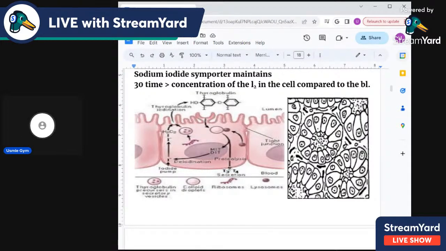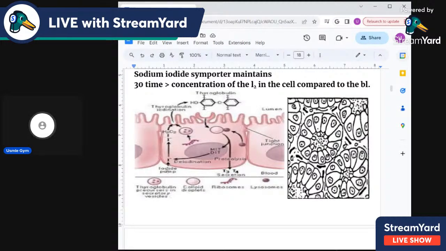At the basal surface, we have two important structures: the sodium iodide symporter, and the TSH receptor. And at the apical surface, we have TPO and pendrin receptors.